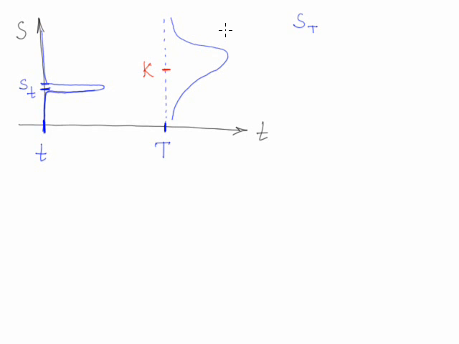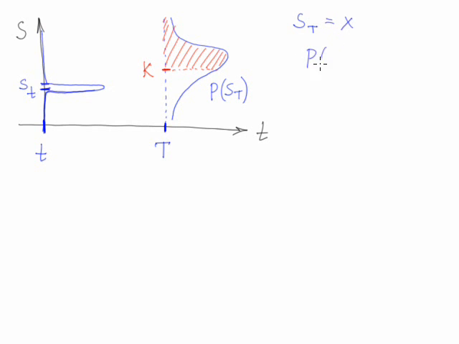To find the probability that the option will expire in the money, we just need to take this probability distribution, let's say it is p of S_T, or let's call it p of x.